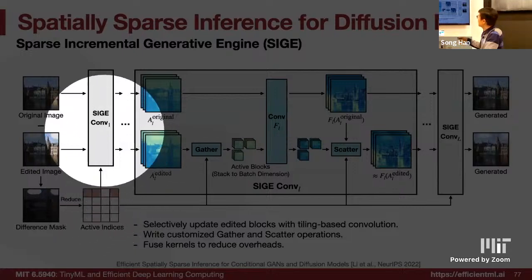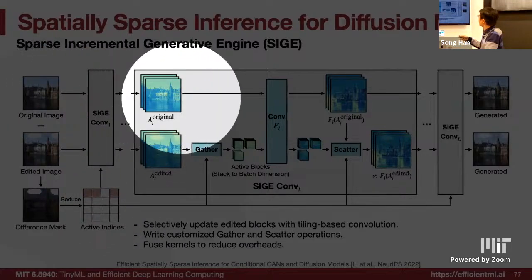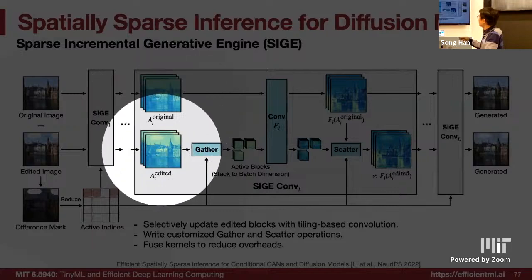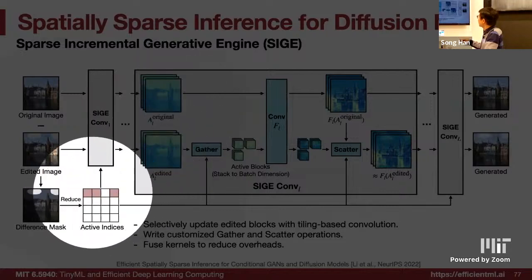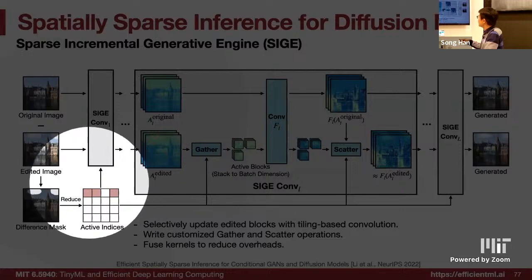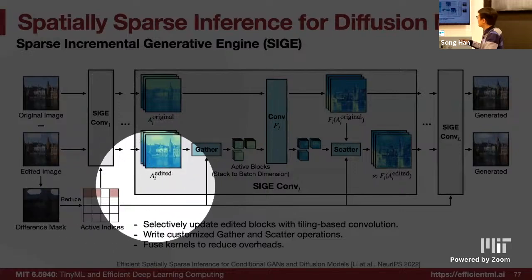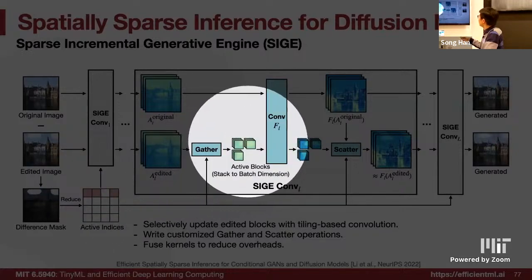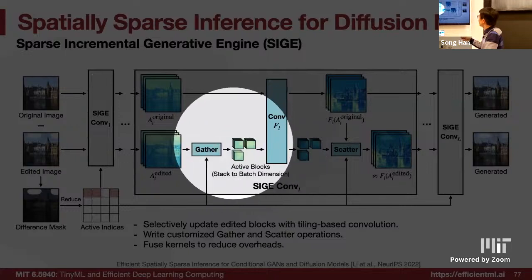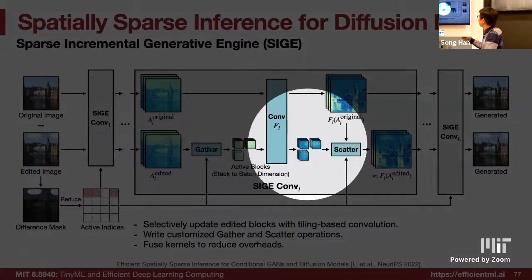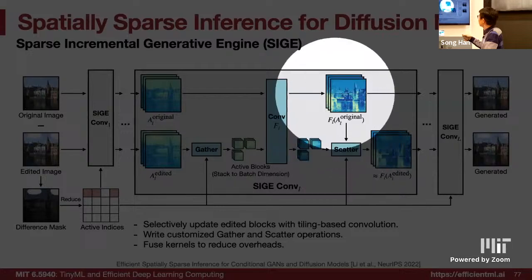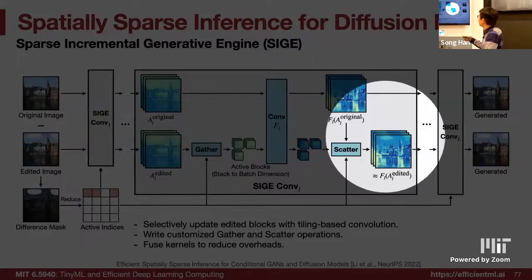So this is the original image. This is the edited image. We only gather these chunks that have been edited, and then only pass them through the convolution for this edited part. And we scatter this to the original feature map to get the updated feature map.